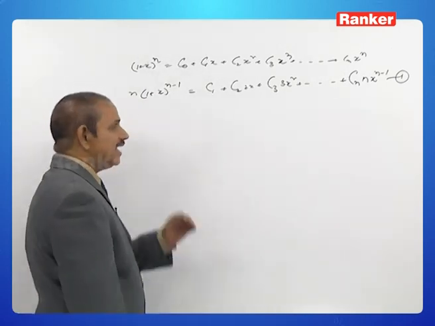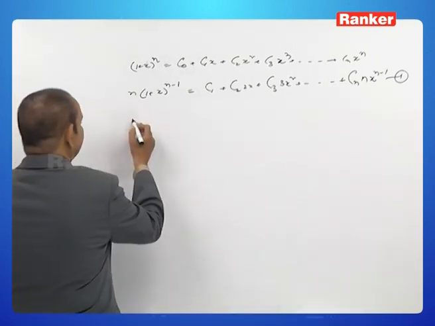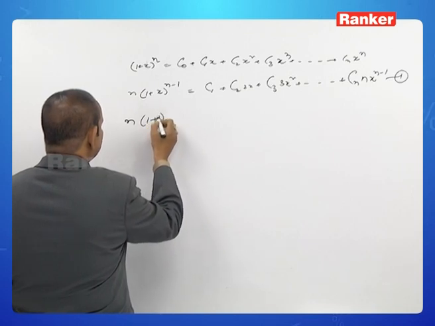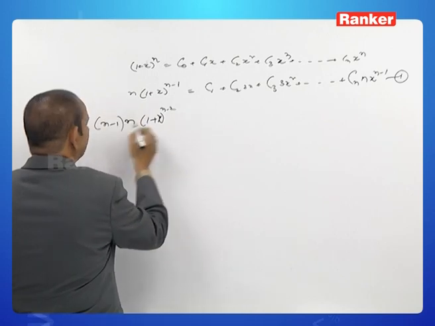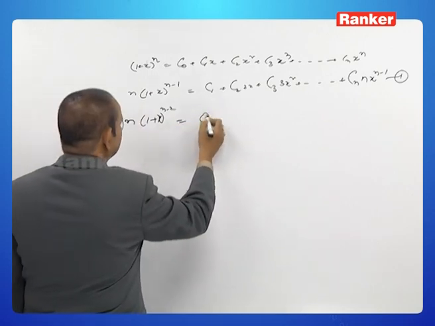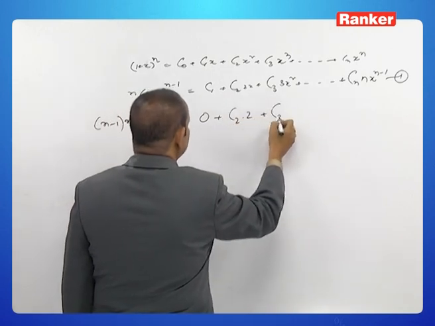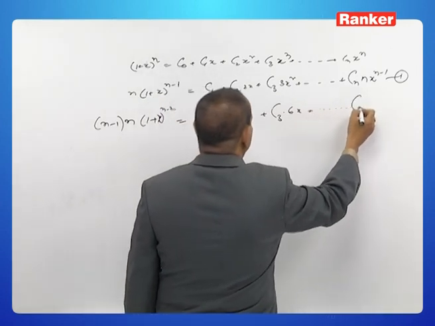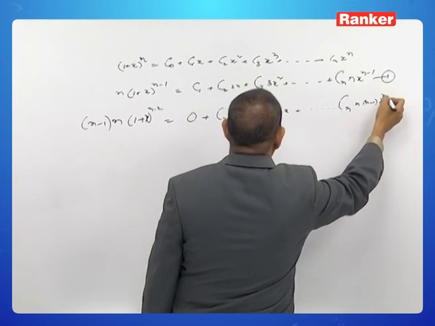Now, let us differentiate this once again with respect to x. What is going to happen? n into n minus 1 into 1 plus x whole to the power of n minus 2 is equal to 0 plus C2 into 2 plus C3 into 6x plus and so on, etc. Cn into n minus 1 into x power n minus 2.